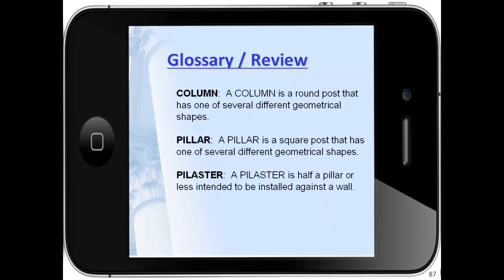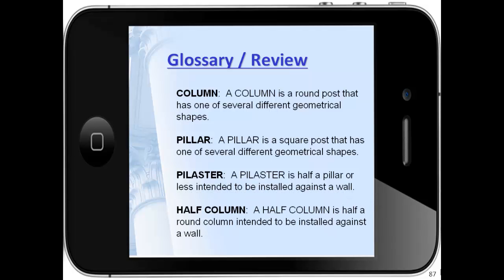A pilaster is half a pillar or less intended to be installed against a wall. A half column is half a round column intended to be installed against a wall. So a column is round, a pillar square, a pilaster half a pillar or less installed against a wall. A half column is half a round column installed against a wall.